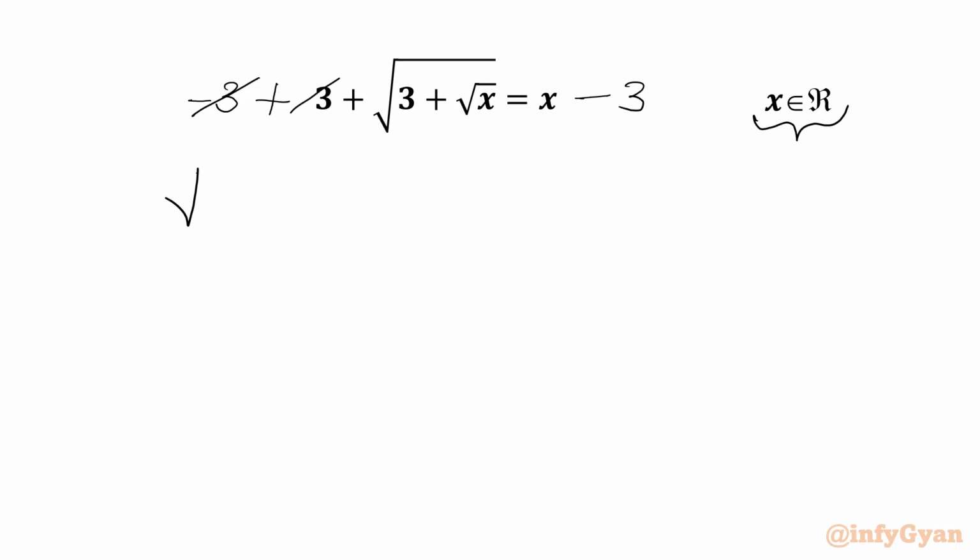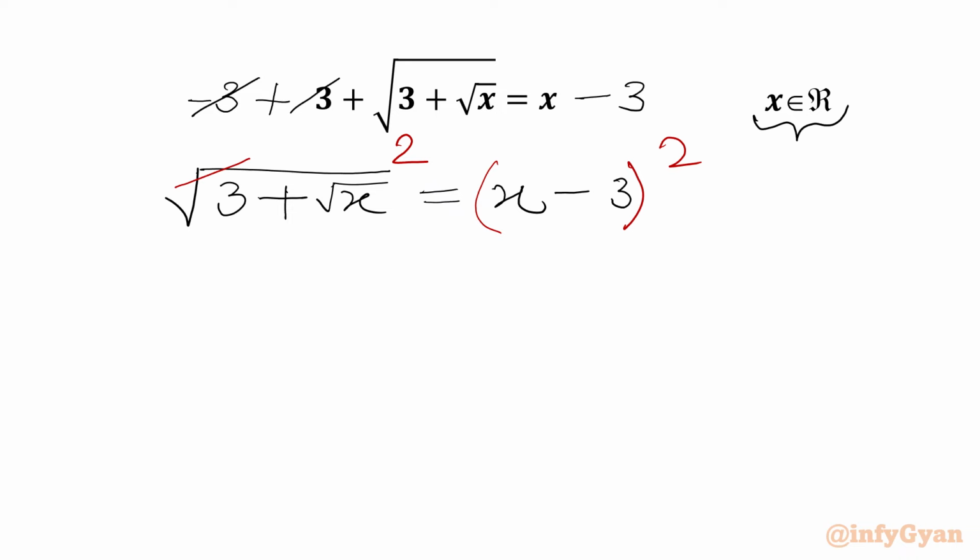We will write our equation as square root of 3 plus root x equal to x minus 3. We have a square root in LHS. So to remove square root, we will consider squaring both sides.